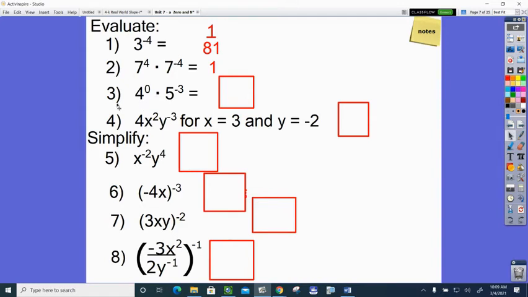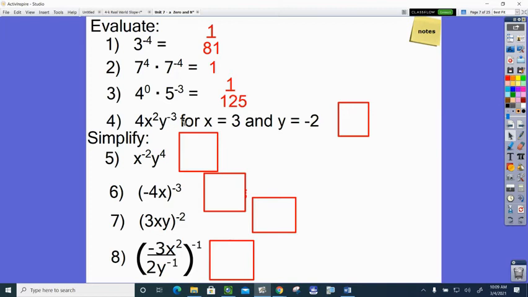All right, on this one, try number 3. 4 to the 0 is 1, and 1 times anything, I really don't need to write that because it'll just be the anything, the 5 to the negative 3. Did you write the 5 to the negative 3, reciprocate it, and write it as 1 over 5 to the third? And now we're going to evaluate. 5 to the third is 5 times 5, which is 25, times 5 is 125.